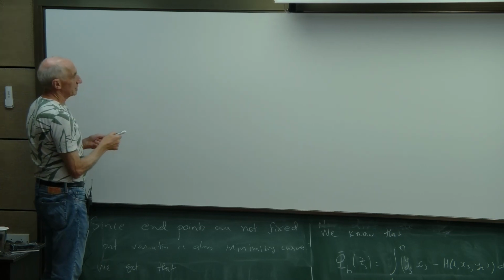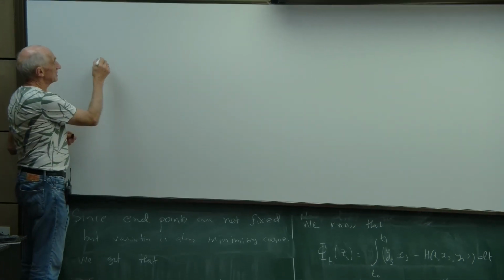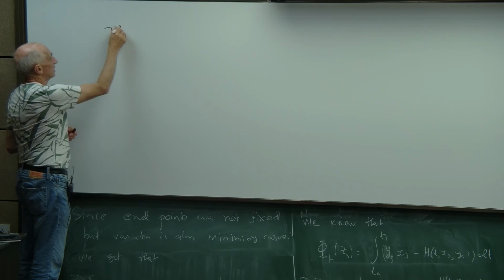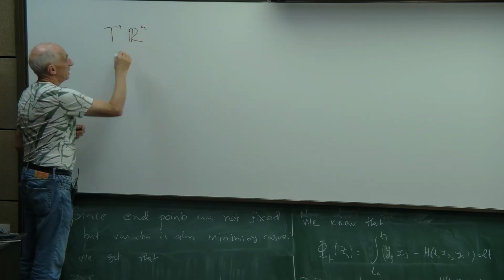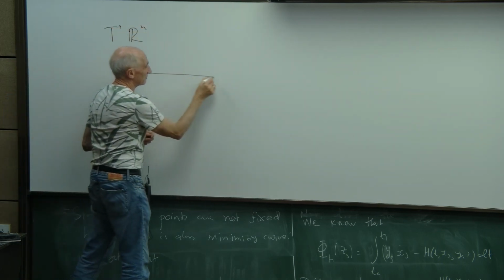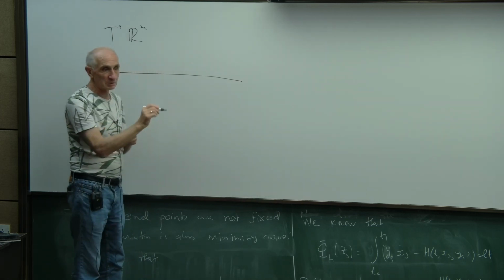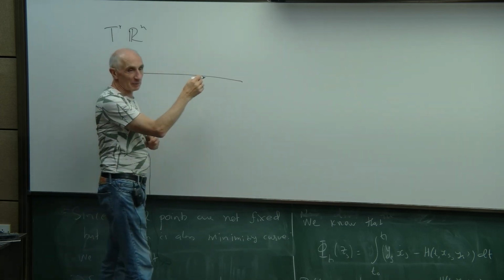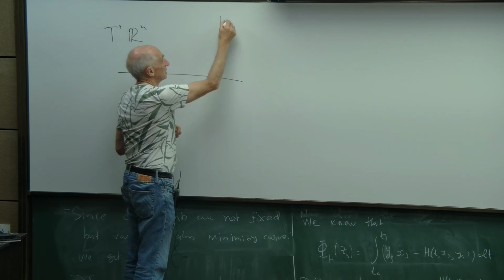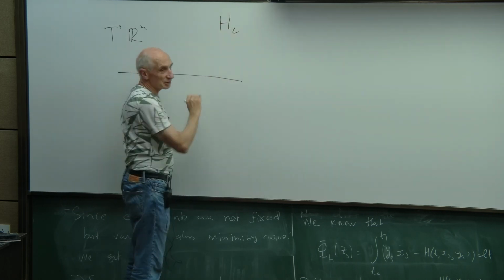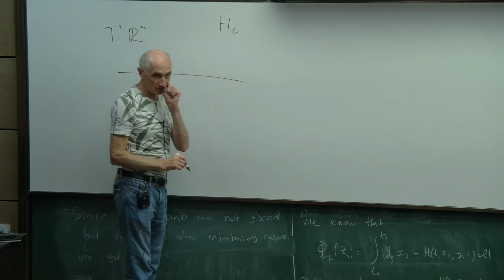So again, what is the problem we consider? We start with T*R^n, and in T*R^n you start with the zero section, and you deform this zero section by some Hamiltonian deformation given by some time dependent Hamiltonian function.